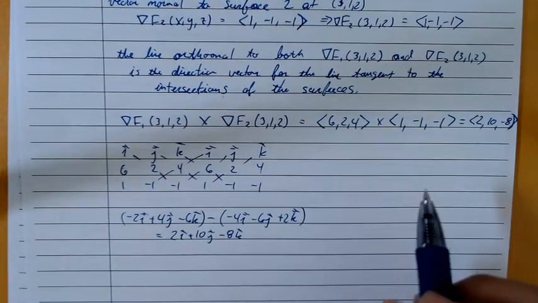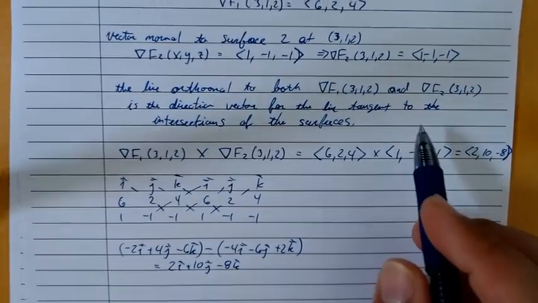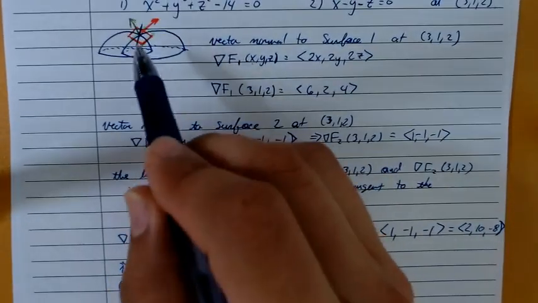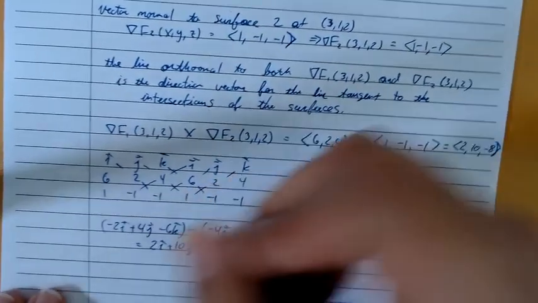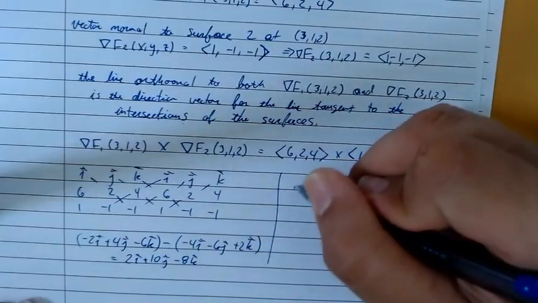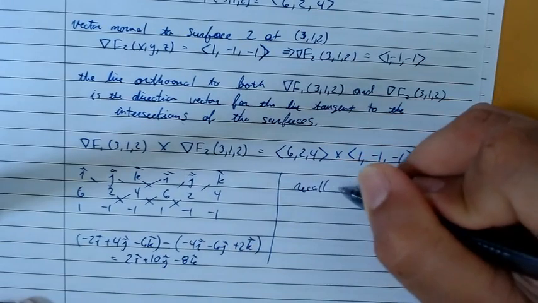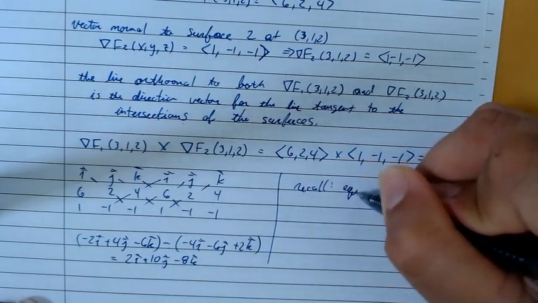So now that we have the direction vector, we have a single point that's on the line, because of course we want the line that's tangent at that point. Now remember how you write the equation of a line.